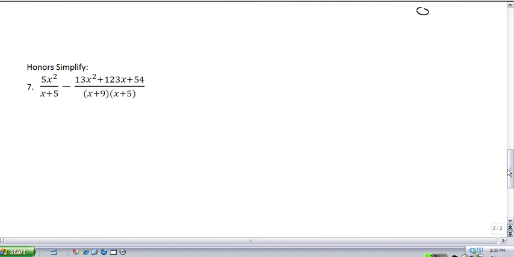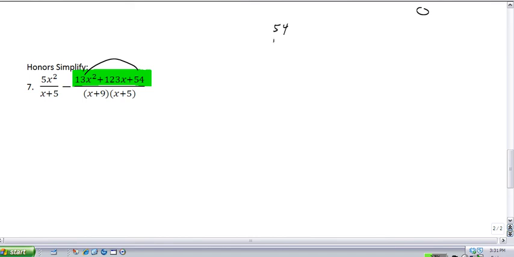So I am going to be brave, and I'm going to see if that factors. So 13 is a prime number, so I can't factor anything out. And this might not be worth it, but let's try. Okay, 13 times 54. Oh, this is going to be ugly.